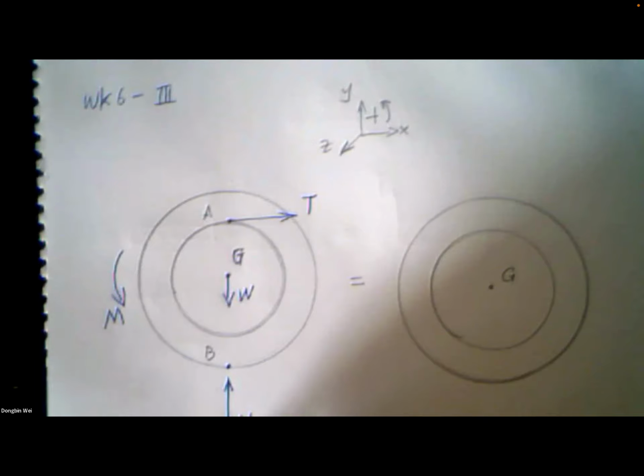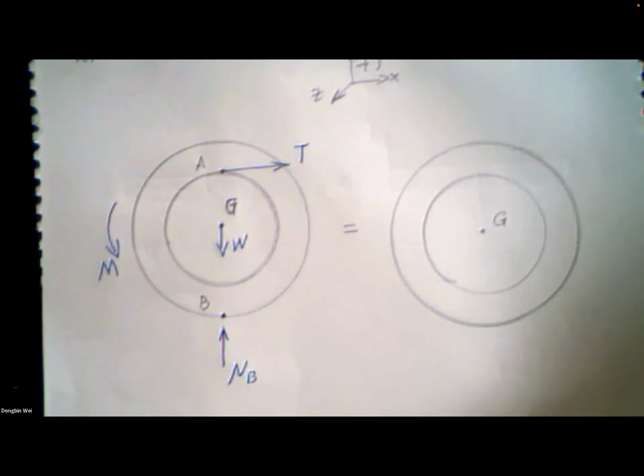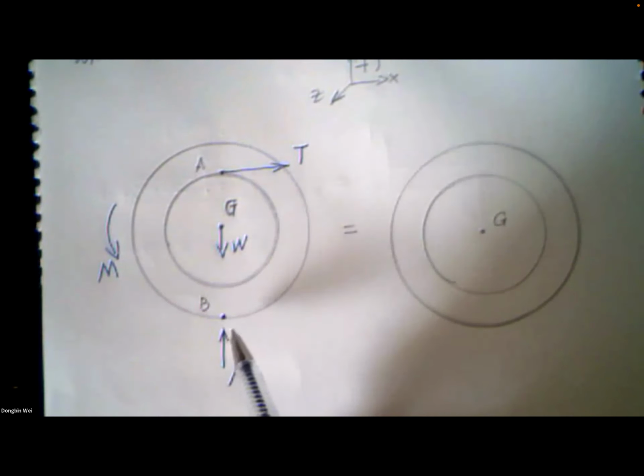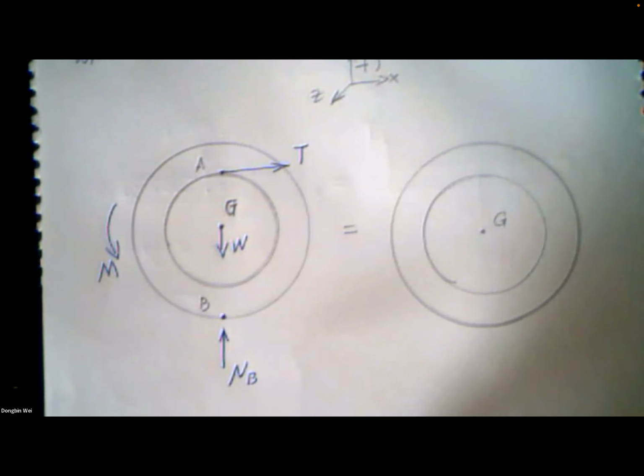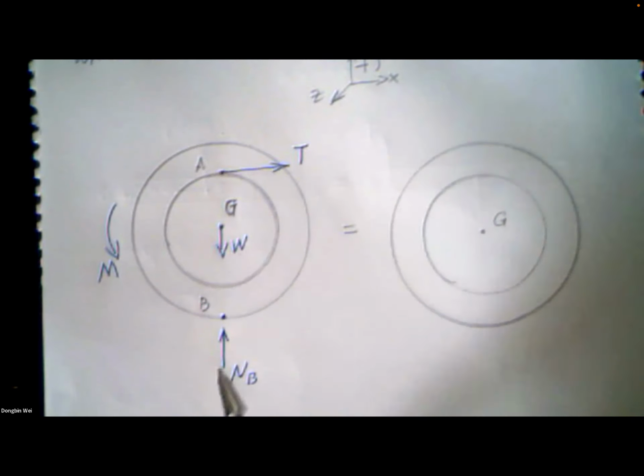My question here is, what should be the direction of this friction force at this contact point B? To left side or right side? And obviously we know it should be horizontal, okay? But to left side or right side?